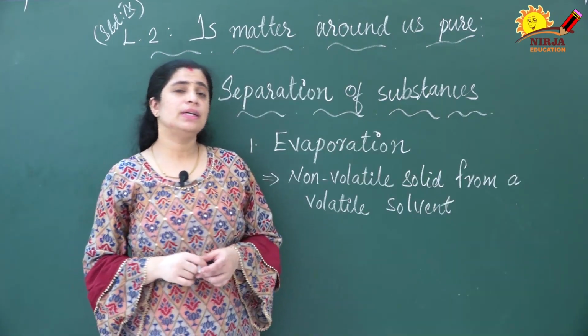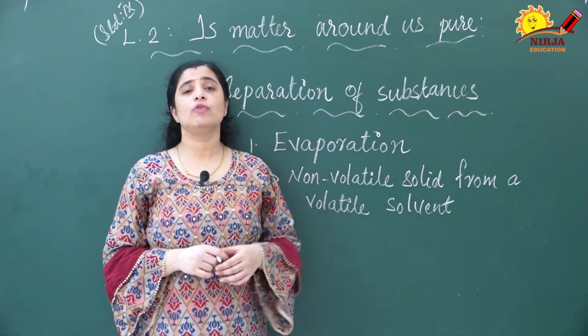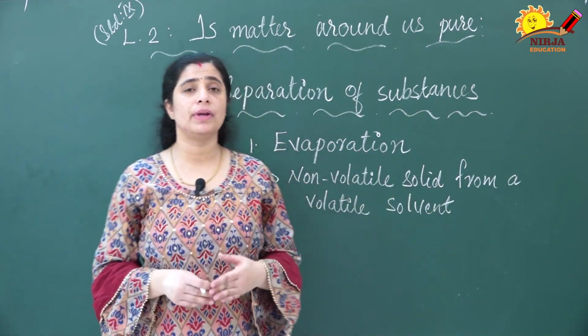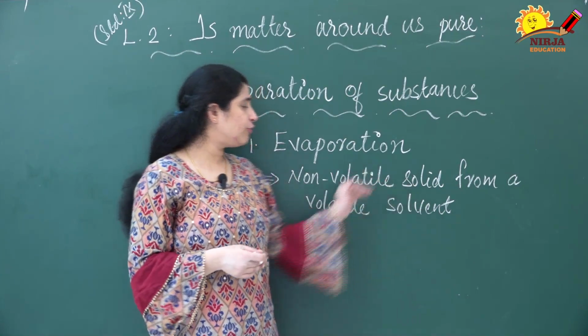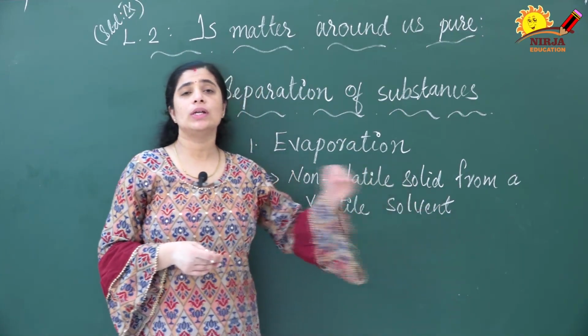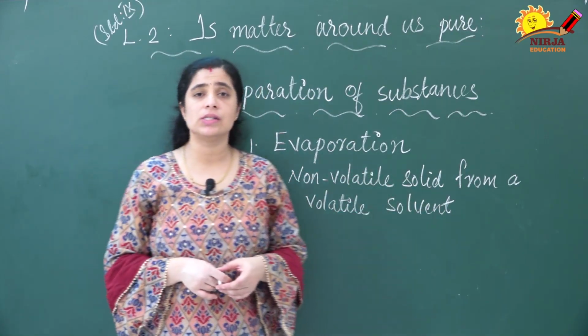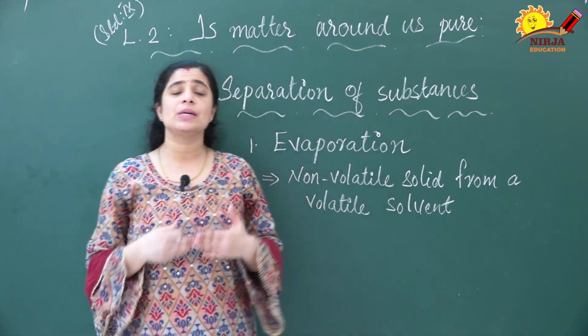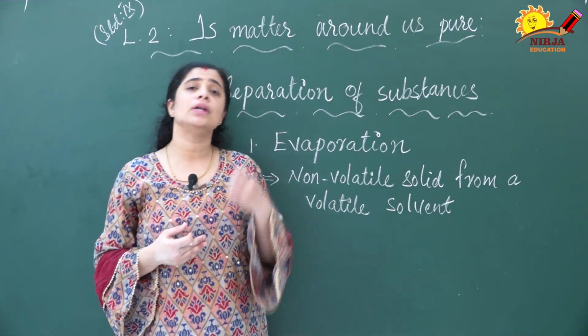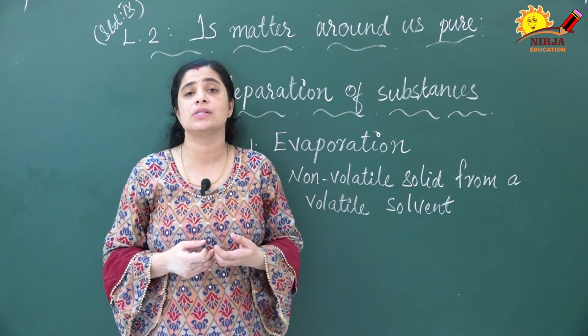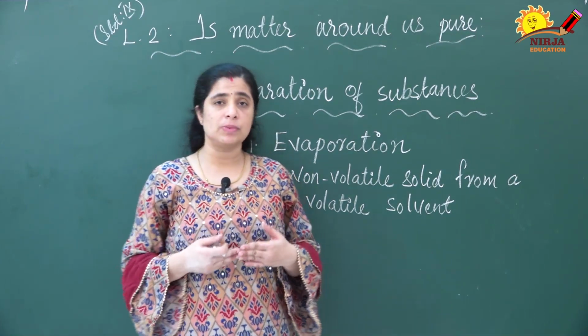The first method is evaporation. The evaporation method is used to separate a non-volatile solid from a volatile solvent. What is meant by volatile and non-volatile substances? Volatile means the substance can be evaporated easily. Such substances are known as volatile substances.